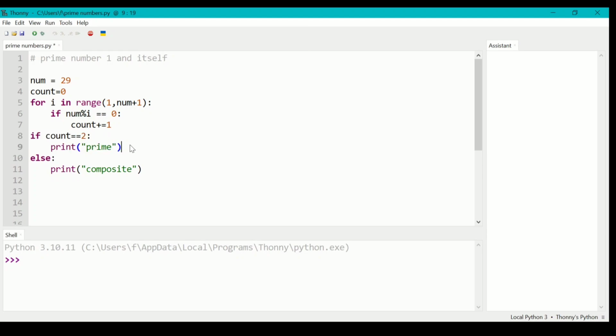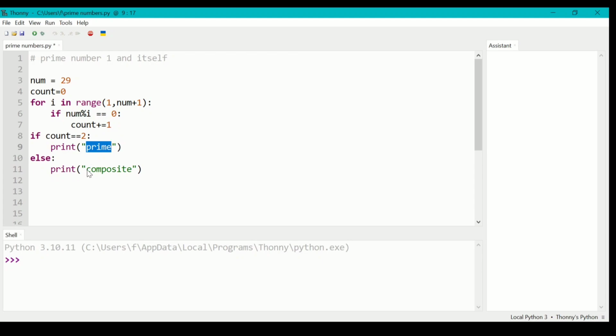After that, we check whether count is equal to 2, then print prime. As we know, if the factors are 1 and itself, in the sense only two factors, then it is considered prime. If not, in the sense it is divisible by more than two numbers, it is considered to have more than two factors.